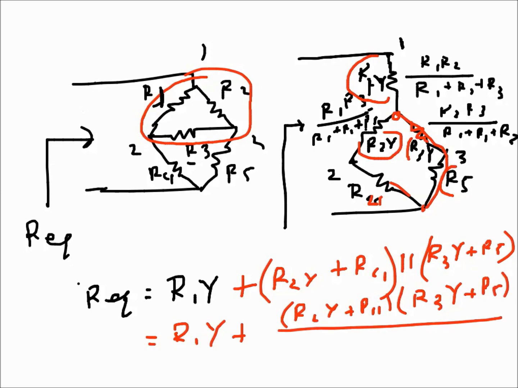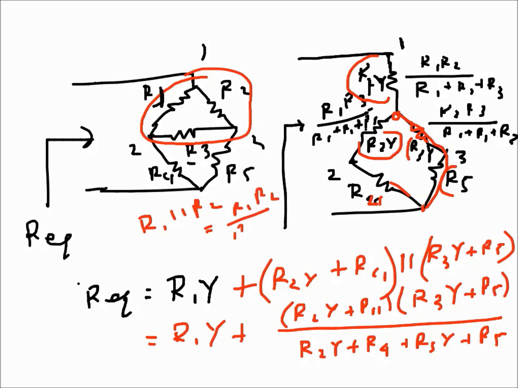Then it's just a parallel combination, so I'm not going into that. R1 parallel R2 is R1 R2 over R1 plus R2, so that's what I have written here. So yes, this is an equivalent resistance.